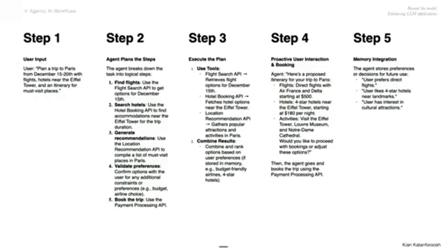It might say, I just learned through this interaction that the user only likes direct flights. Next time I'll only give direct flights. Or I noticed users are fine with 3-star hotels or 4-star hotels, and in fact, they don't want to go above budget. So that hopefully makes sense by now on how you might do that.